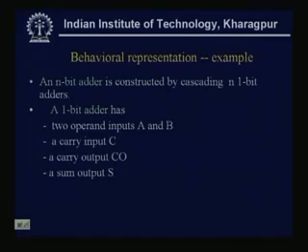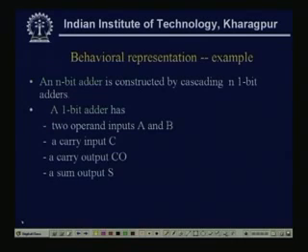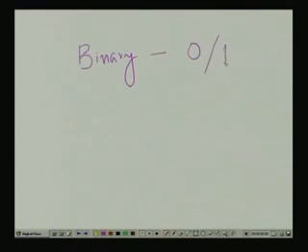Now, I take one example, then it will be clear what we mean by behavioral representation. Say an n bit adder is constructed by cascading n 1 bit adders. What is an adder? I just want to add numbers. N bit means, as we saw yesterday, binary uses only 2 digits, 0 or 1.